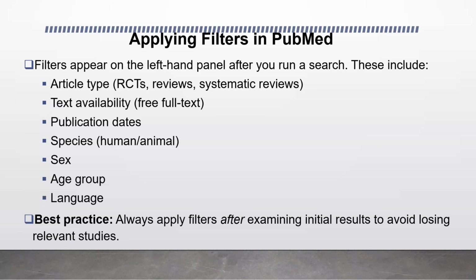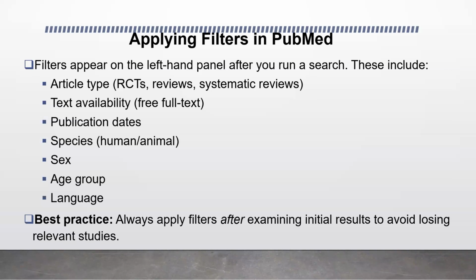These include the article types, so you can filter by article type. For example, you can command the database to filter the results for randomized controlled trials, or for systematic reviews, or for any other kind of article type.